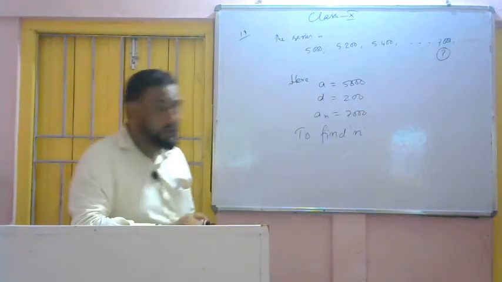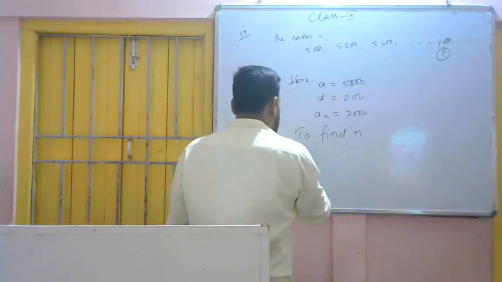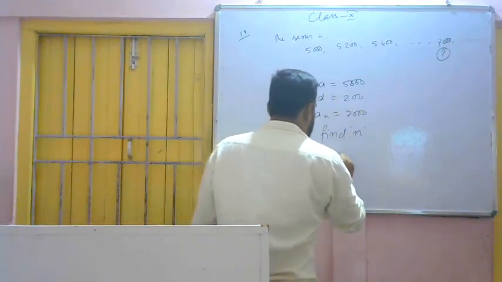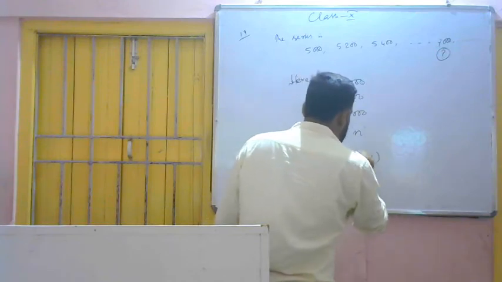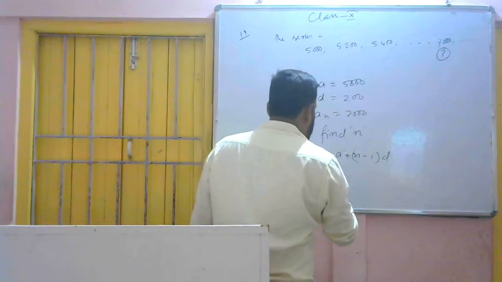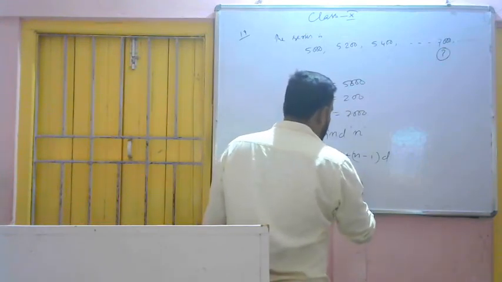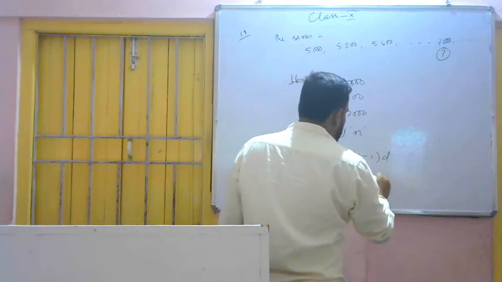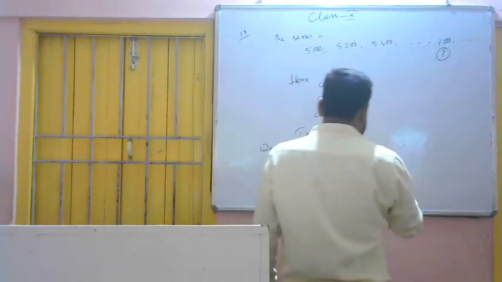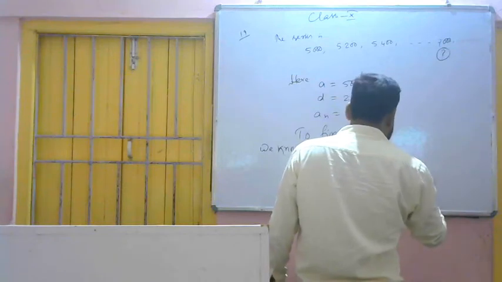Which formula will you use? We know AN is equal to A plus N minus 1 into D. You put the value of AN, that is 7,000, A is 5,000, plus N minus 1 into D, which is 200.